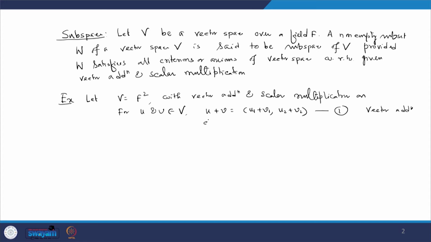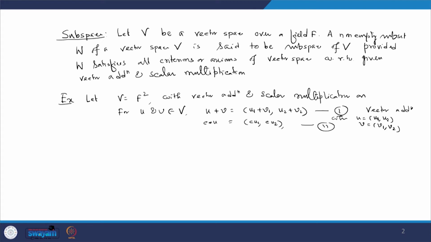And for c belonging to the field capital F, c star u is defined as (c u1, c u2), where u equals (u1, u2) and v equals (v1, v2). So, this is my scalar multiplication. We know that with respect to these two binary operations, V is a vector space.